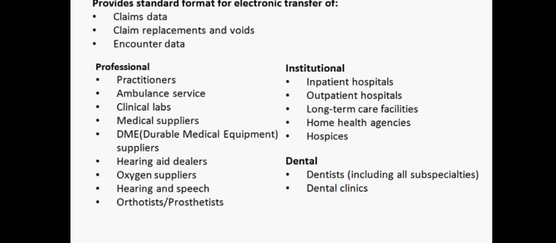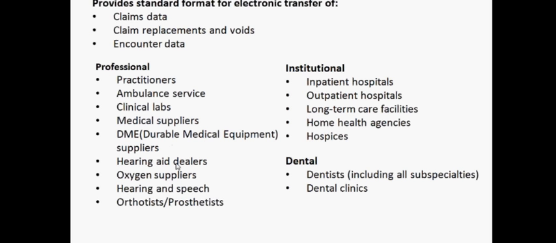The services that would fall under the professional claims are your practitioners, physicians, ambulance services, clinicals or your labs, radiology, etc. DME means durable medical equipment. So any medical equipment that you purchase falls under these DME claims.